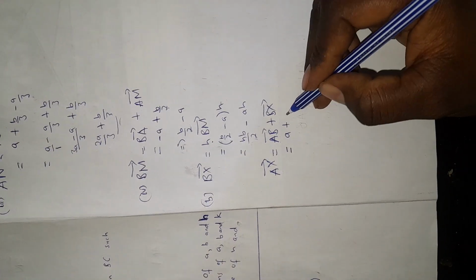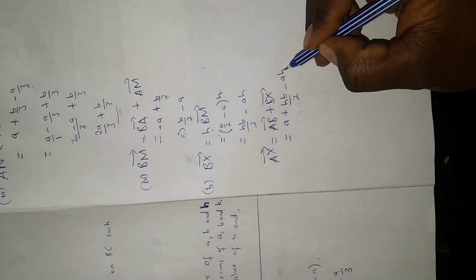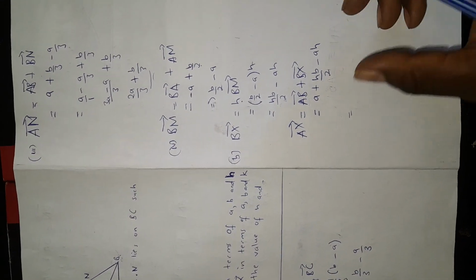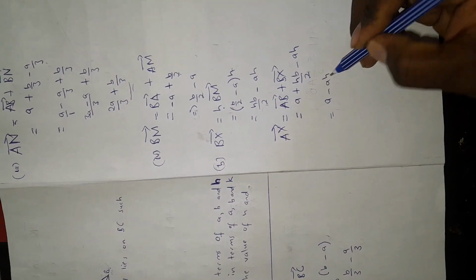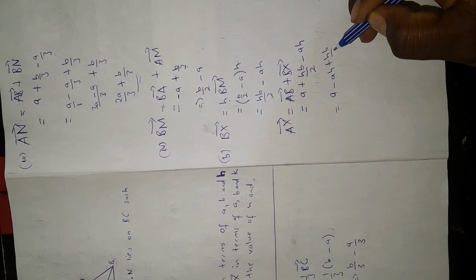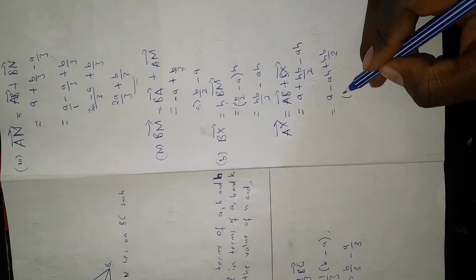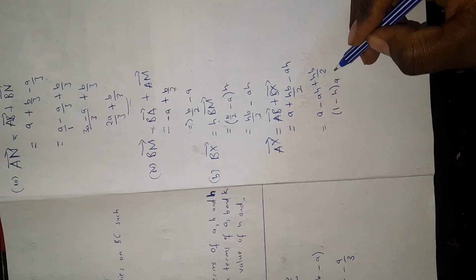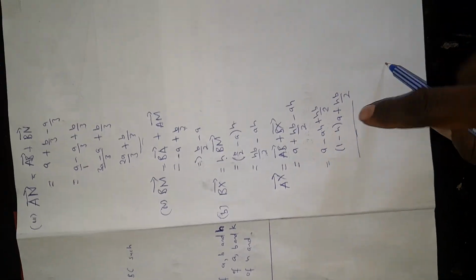So it's HB over 2 minus AH. Then I'll group the terms with A. So I'll say A minus AH plus HB over 2. Then I'll factor out A, that would be 1 minus H times A, plus HB over 2. This is now my answer for AX.